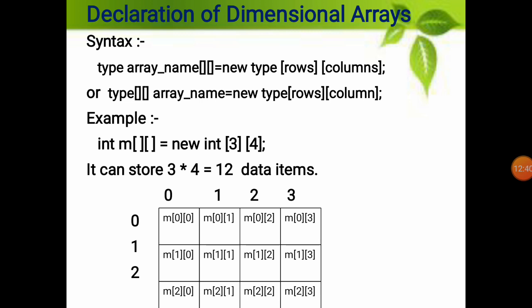Here see this, the first variable of the double dimension array is indicated by m00, the second one m01, the third one m02, then m03. The second row starts from m10, then m11, m12, m13. The third row starts with subscript 2, m20, then m21, m22, m23. In this way, we can declare 12 variables by this double dimension array m.